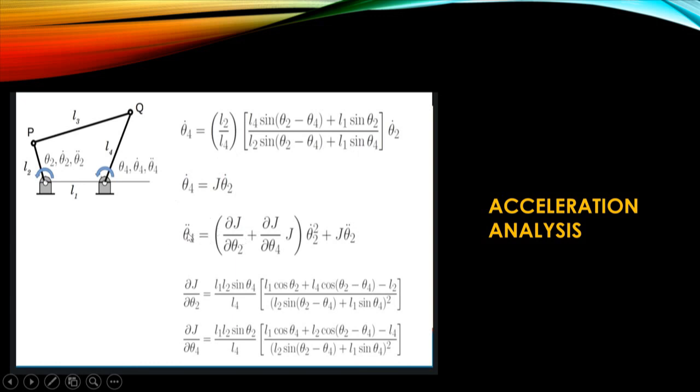So we can see theta 4 double dot is equal to (del J by del theta 2 plus del J by del theta 4 into J) into theta 2 dot whole square plus J theta 2 double dot. Now we can find the values of del J by del theta 2 and del J by del theta 4 using this expression.